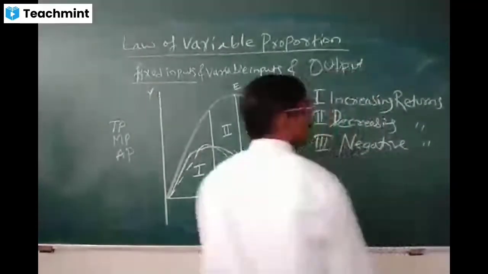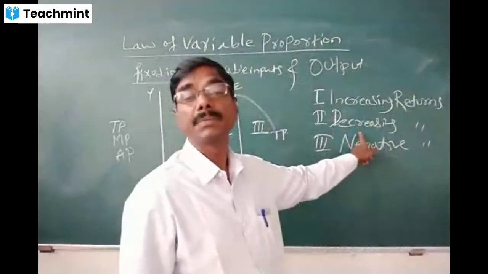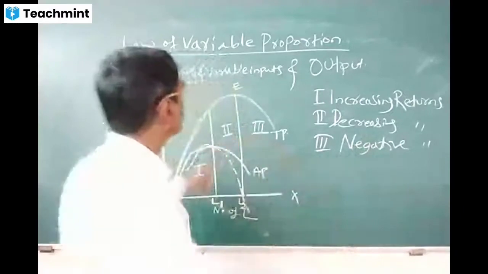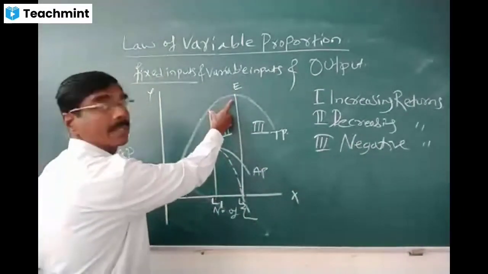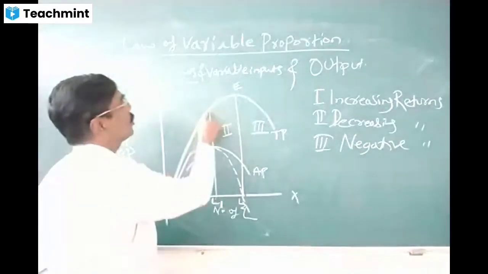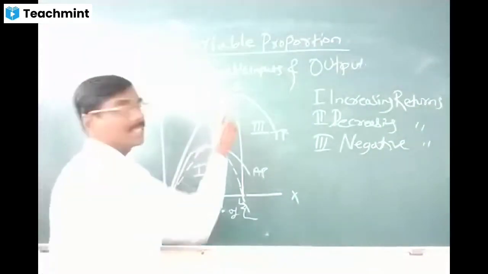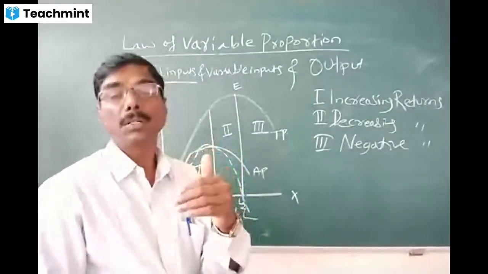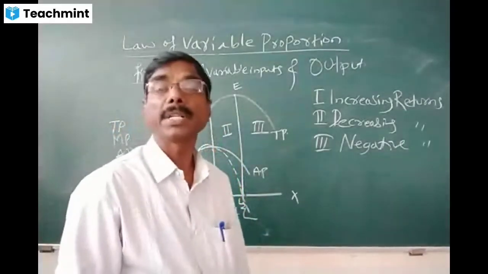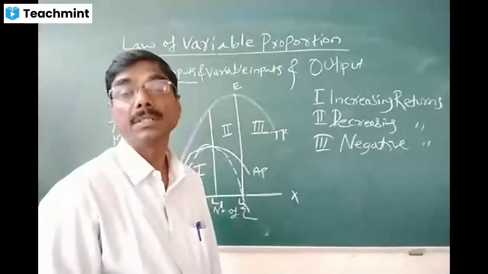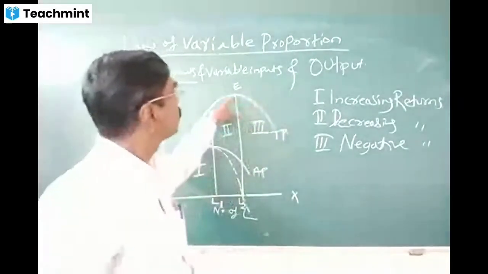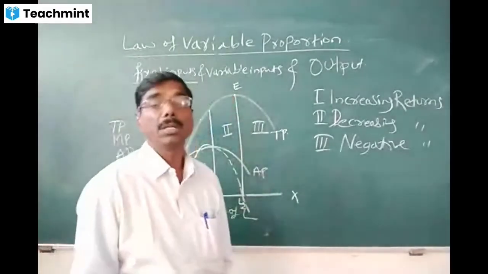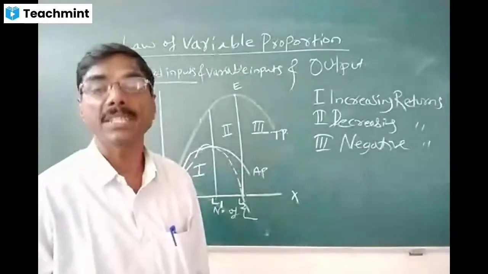Next, the second stage, decreasing or diminishing returns. After the first stage, total output increases, but at a diminishing rate. At the end of the second stage, total output is maximum.